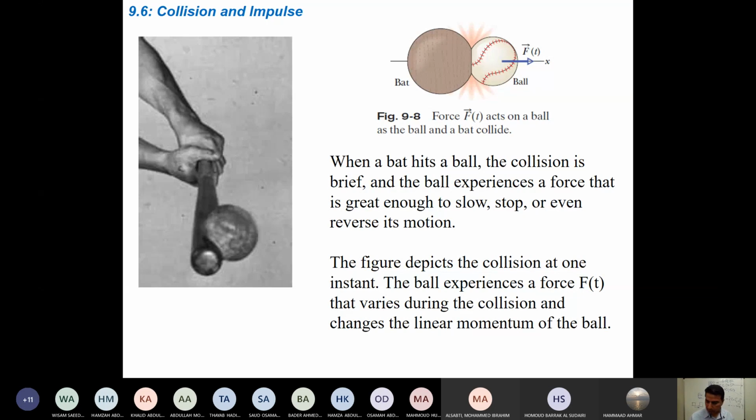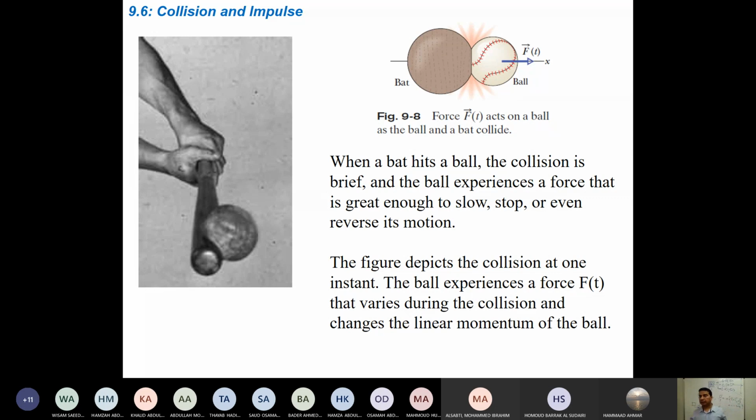Let me explain this situation in terms of Newton's laws and action and reaction. In this figure, you are seeing a ball coming along the x-axis, initially going towards the negative x-axis. The ball is hit by the bat, so it initially slows down, completely comes to a stop, and then the ball bounces back and goes in the backward direction along the negative x-axis.